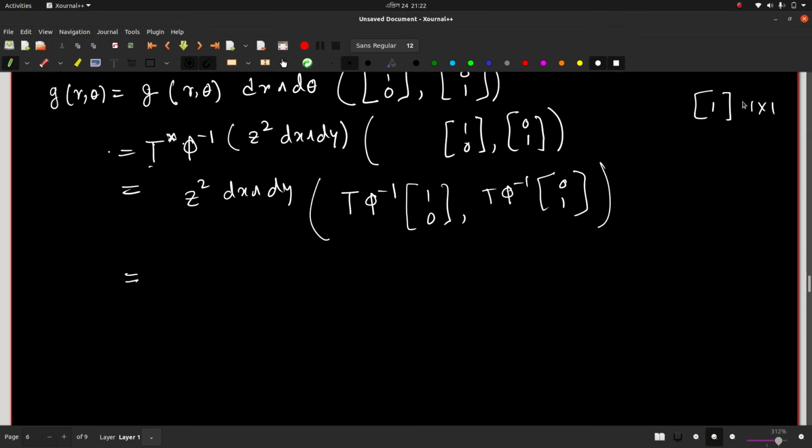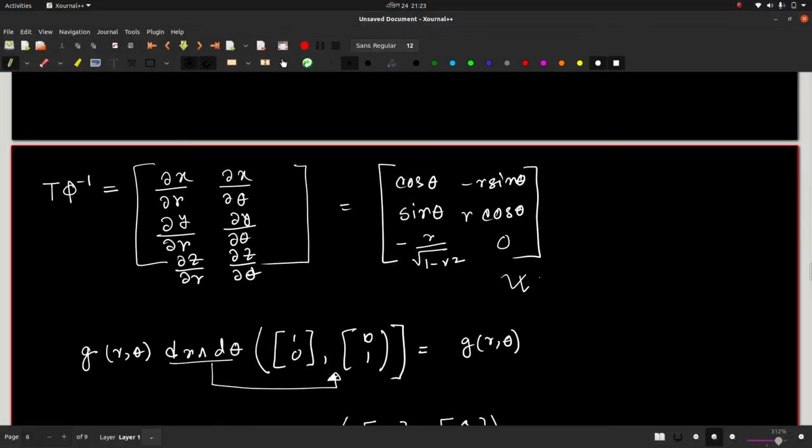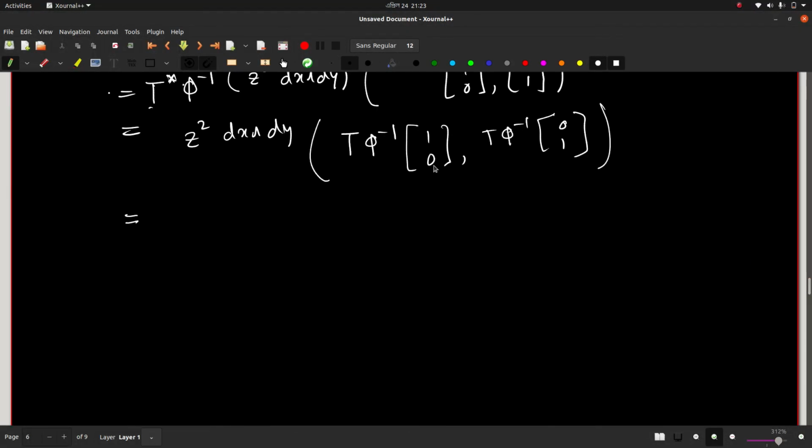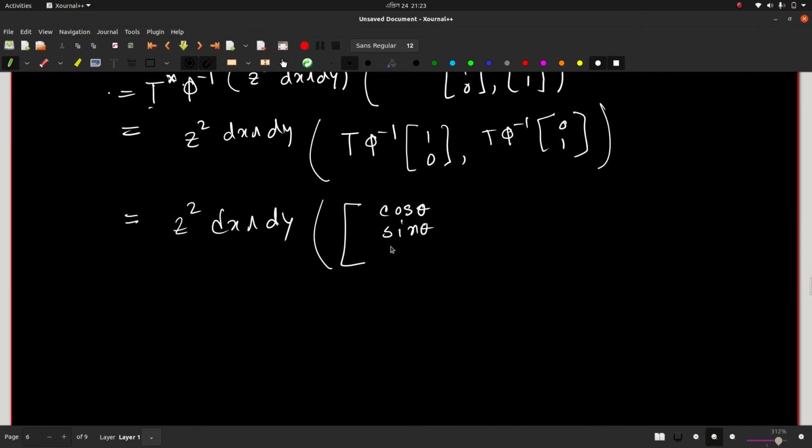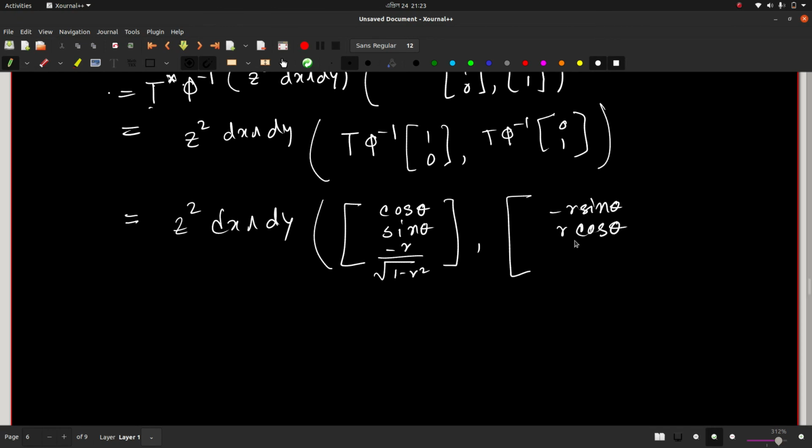So if you use the value of t phi inverse 1 that you computed here and you multiply them with these column vectors, this will become dx wedged with dy. Then this will give you a cosine theta sine theta minus r square root over 1 minus r squared, and you have minus r sine theta r cosine theta 0.